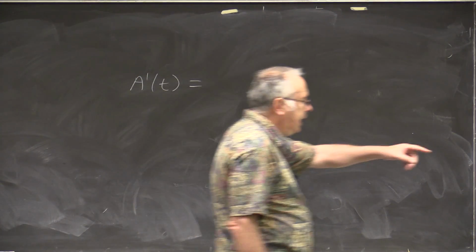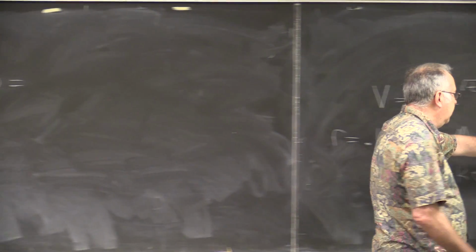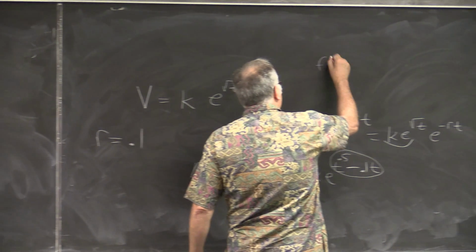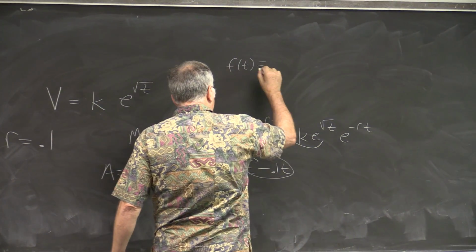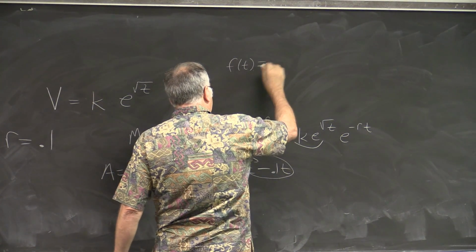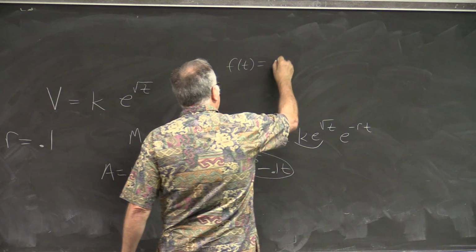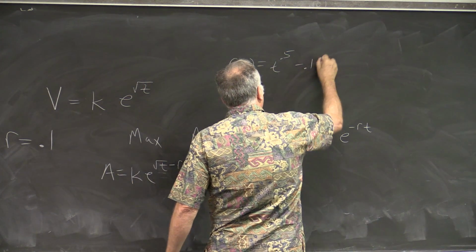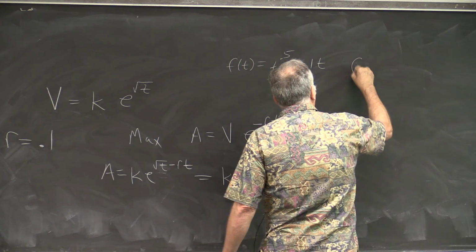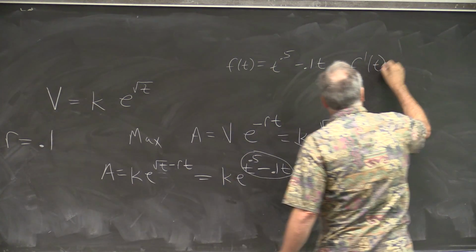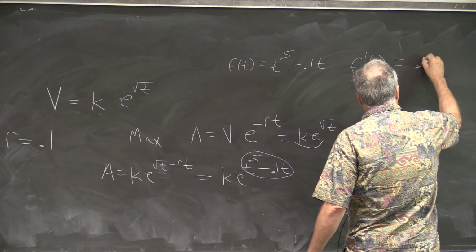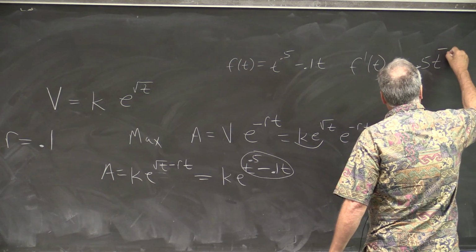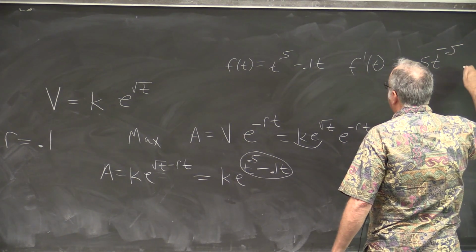So this is f of t right here. f of t in this problem, what e is raised to, is t to the 0.5 minus 0.1 t. So f prime of t is just 0.5 t to the minus 0.5 minus 0.1.